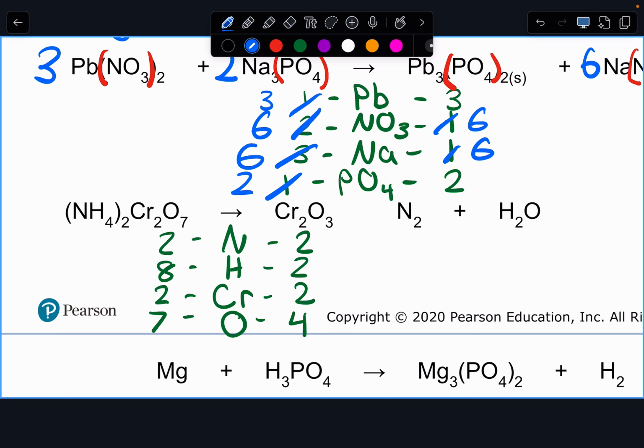Okay, so when I look over at the other side, my nitrogens already match. My chromiums match. My oxygen and hydrogen are off, but I don't want to do oxygen first because that appears in 2 different compounds. So I'm going to do the hydrogen first. So I'm going to put a 4 here. So that changes this to 8. And then in the process, it actually changed my oxygens to 7.